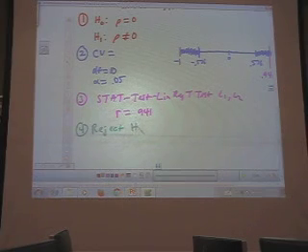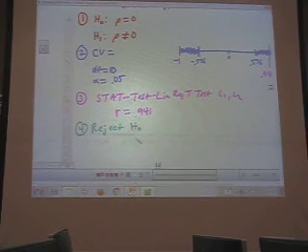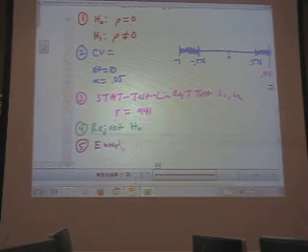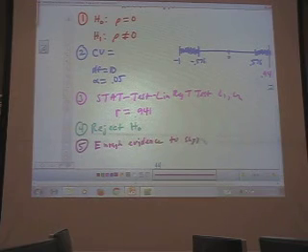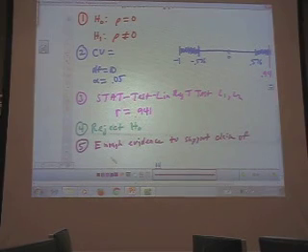Don't forget to put H naught. Some people just put reject on their exam and they lost a point every time they did that. They didn't put H naught. Step 5, there is enough evidence to support the claim of a relationship or correlation.